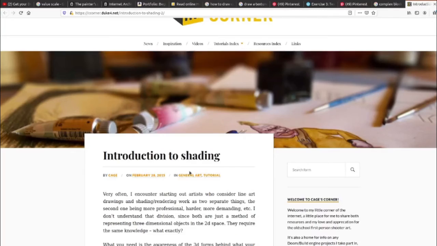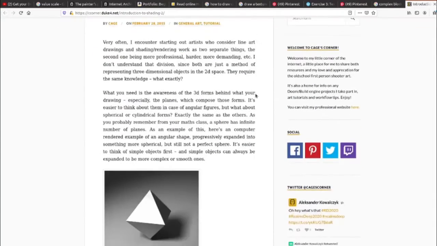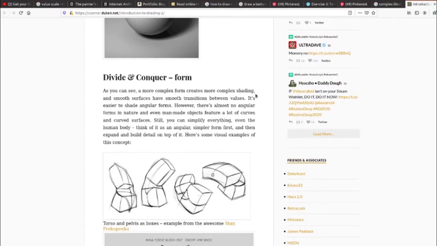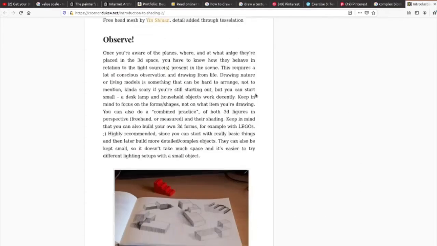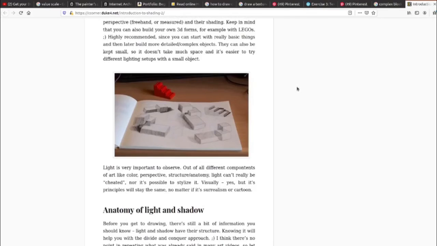In terms of 3D forms, however, here's a website called Cage's Corner, and this article was written February 2015, and in it the author talks about shading, some great little anatomical studies here, and a sketchbook showing complex 3D forms. So this sets effectively a historical precedent.